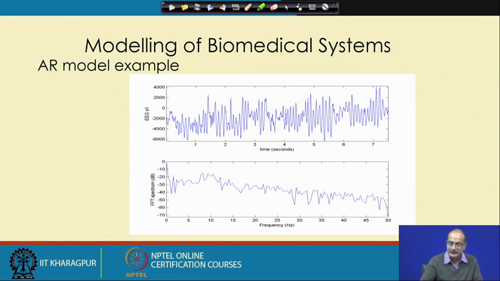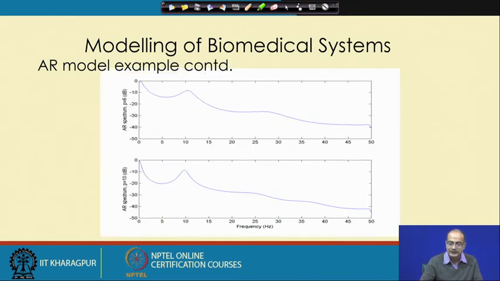Now, let us look at what we get if we compute the same using the AR coefficients. Using model order 6, we get a very clean peak very near 10 hertz. That means alpha components are there, and we see it very clearly, much more prominent than in the periodogram.